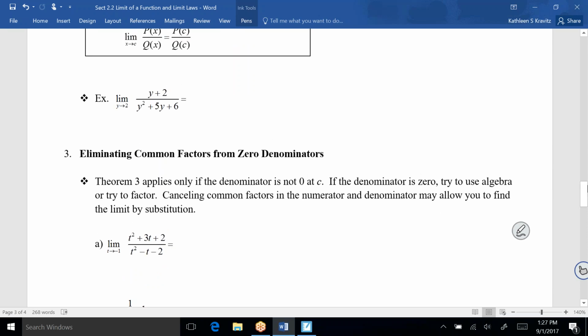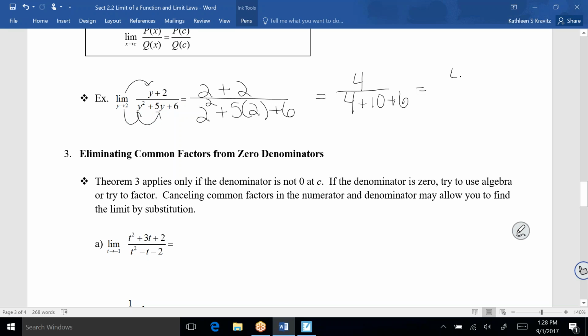Polynomial in the numerator, polynomial in the denominator, and we're just going to plug 2 in for y down here, and plug 2 in for y up here. So this limit is going to be equal to 2 plus 2 divided by 2 squared plus 5 times 2 plus 6. That's 4 in the numerator and 4 plus 10 plus 6 in the denominator, so that's 4 over 20, which is equal to 1/5.